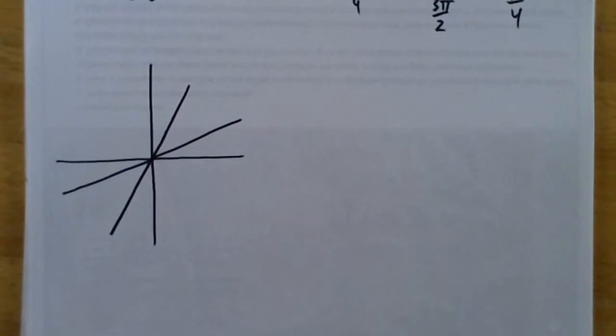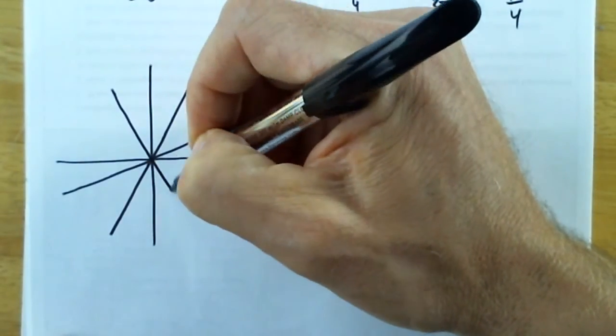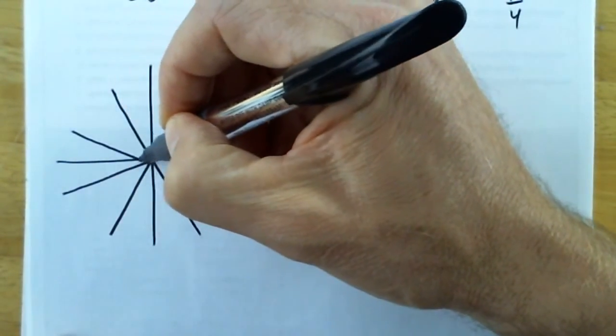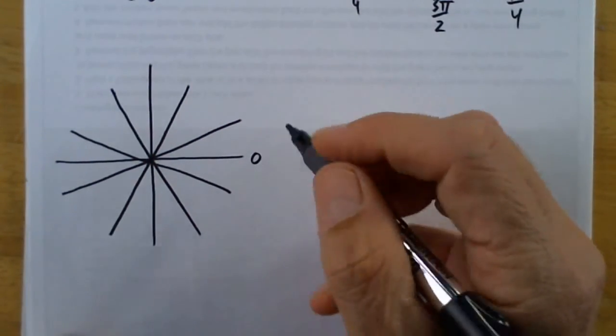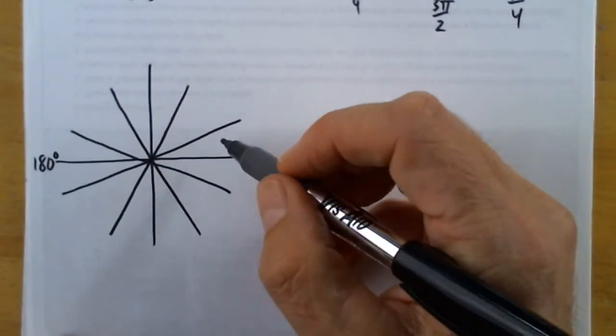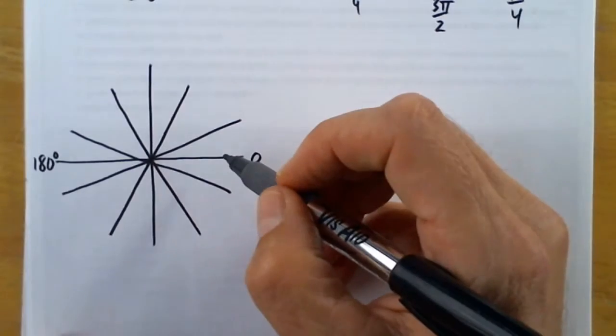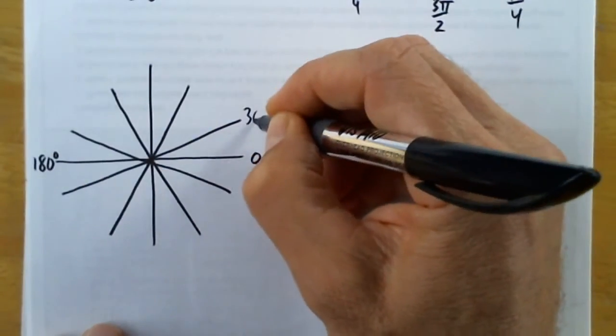So here let's try to draw 30-degree angles, multiples of 30. And we have in degrees 0 degrees and 180 degrees. 1, 2, 3, 4, 5, 6 equal angles. 180 divided by 6, so each angle is 30.